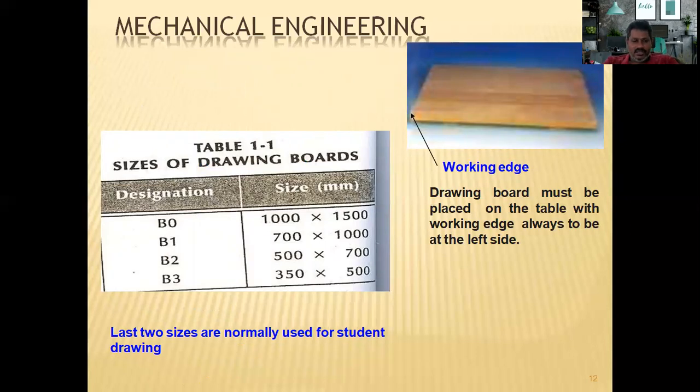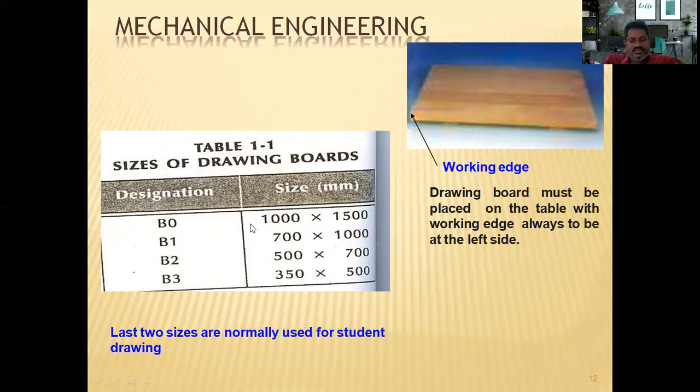So now let us see all these figures. As I said in the last slide, drawing boards we require. Drawing boards are commercially available in the market in different sizes, B0 to B3: B0, B1, B2, and B3. B0 size is 1000 to 1500 millimeters, B1 is 700 to 1000 millimeters, B2 is 500 to 700, and B3 is 350 to 500 millimeters.